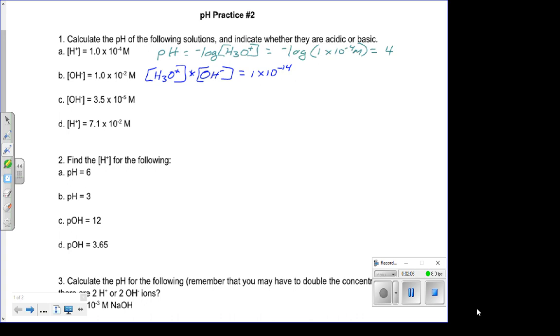So since they gave us the OH concentration, we can take 1 times 10 to the negative 14th divided by the OH concentration. And that'll give us the H3O concentration.